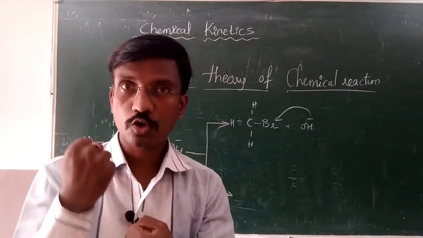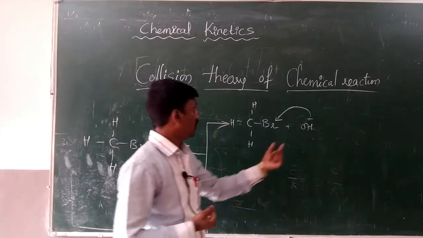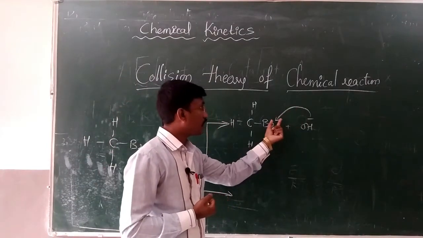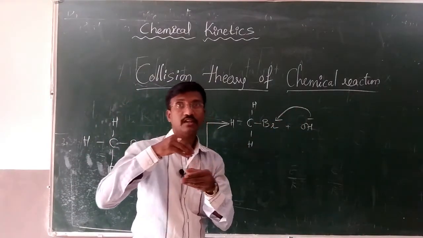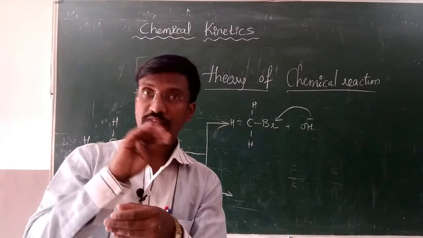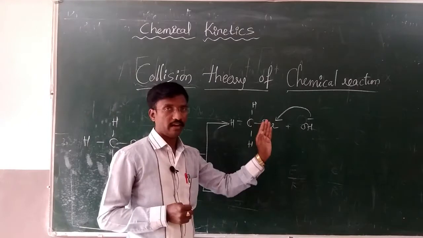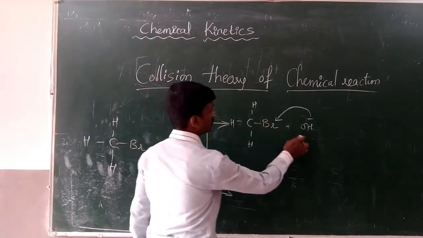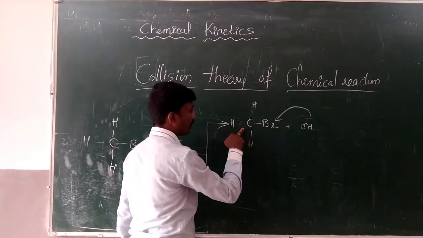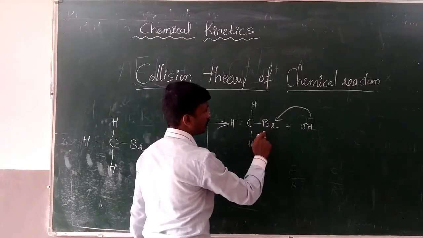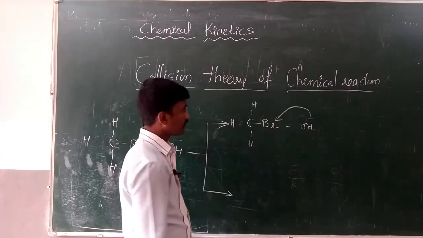The proper collision does not occur here, because OH has to attack the positively charged carbon, so that later we can remove Br minus. If the OH attacks methyl bromide towards the Br, it is not possible.